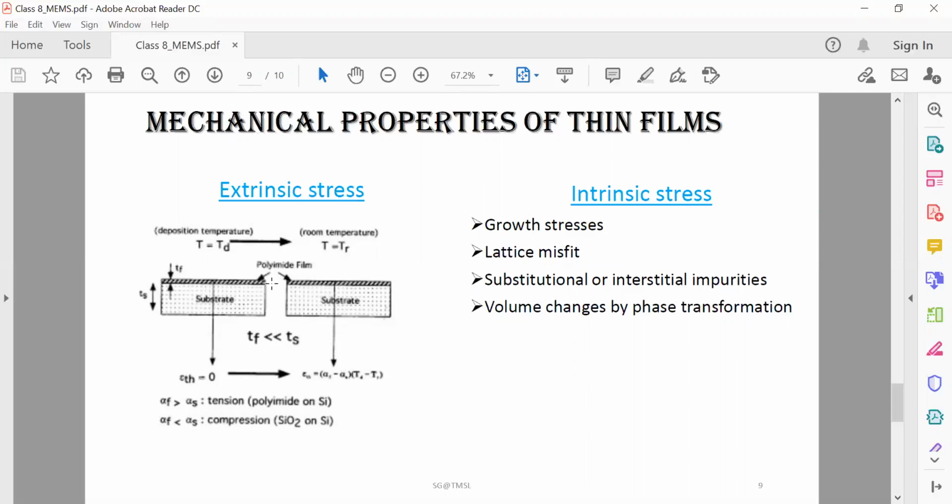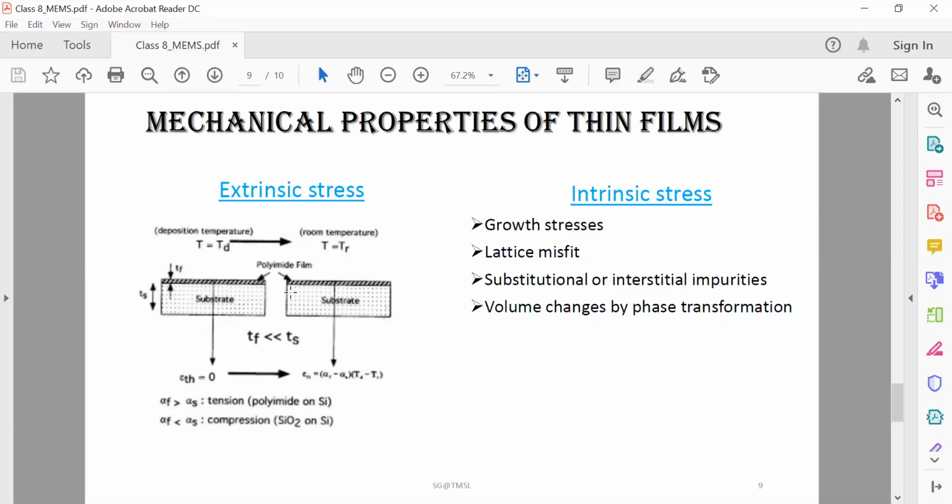Now you see, during deposition of this thin film over this substrate, in many cases the temperature may be increased, so it may be greater than the room temperature. TD is the deposition temperature, and here the room temperature is TR.